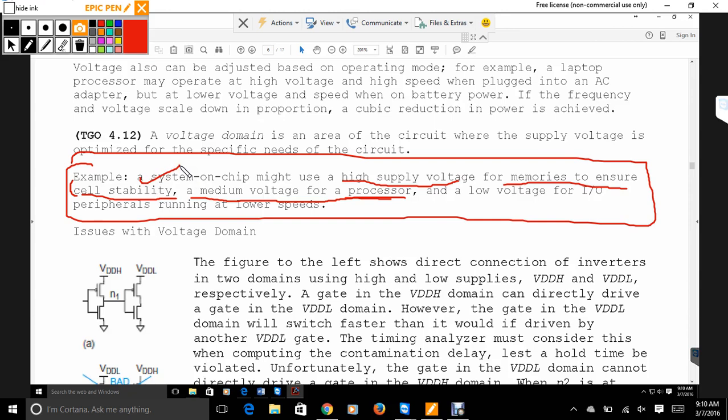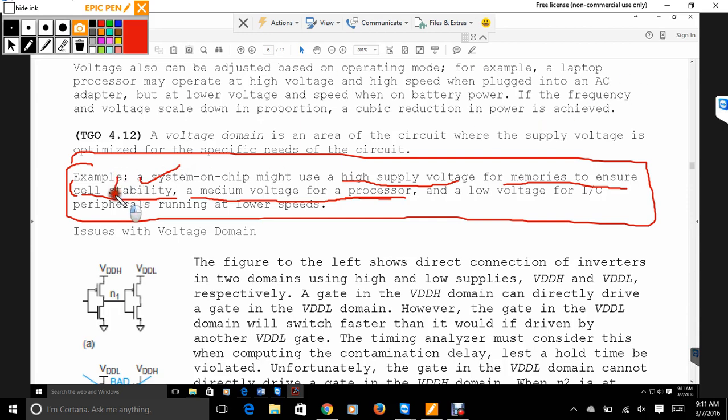Especially when you're dealing with a processor, you have to be able to store a lot of information, and you have to maintain the integrity of that signal, which is why the memory is going to be certain sizes, because it's going to constantly loop, and it has to refresh and make sure that you're keeping that power, right? So that's why you're going to have the highest possible supply voltage, because every time it refreshes, it has to be raised to the optimal signal. You can't lose information, otherwise you can't guarantee it.